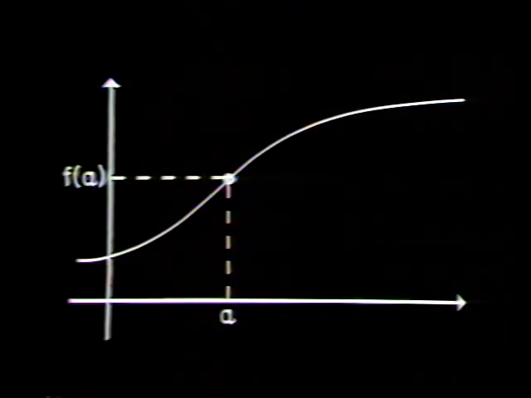Examining the graph of a continuous function, we can again see how this delta epsilon definition of continuity works. Call this function the f function. We are to examine it for continuity at a. The function has value f at a for x equal to a.